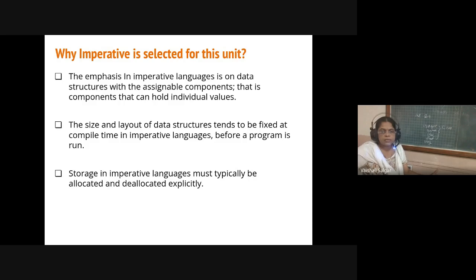The meaning of this statement is: whenever I want to allocate memory for any data structure, I have to do the allocation explicitly, and once I finish the program, I have to explicitly deallocate that memory. Deallocate means explicitly making it free for further usage.